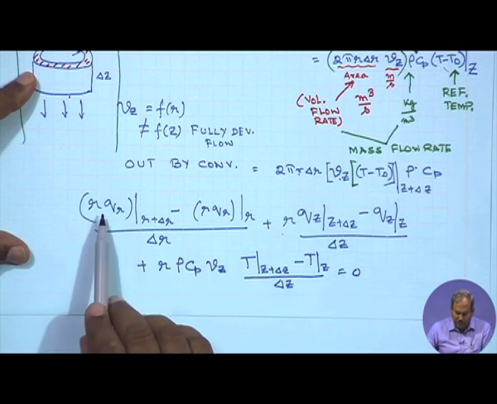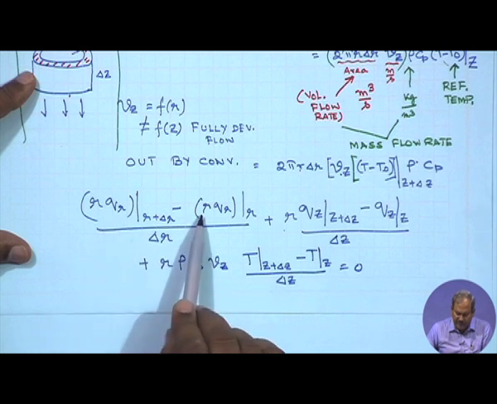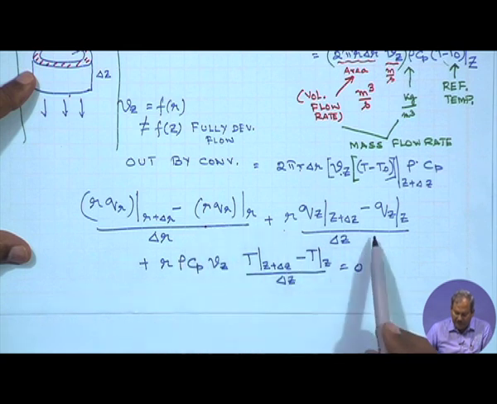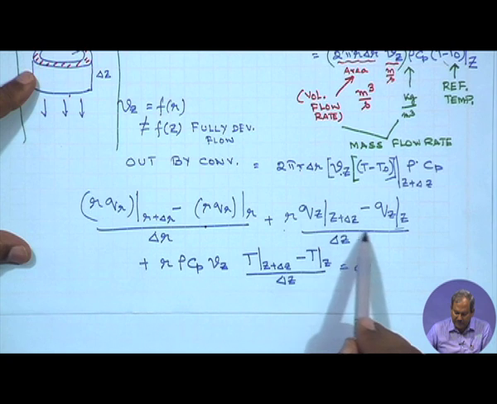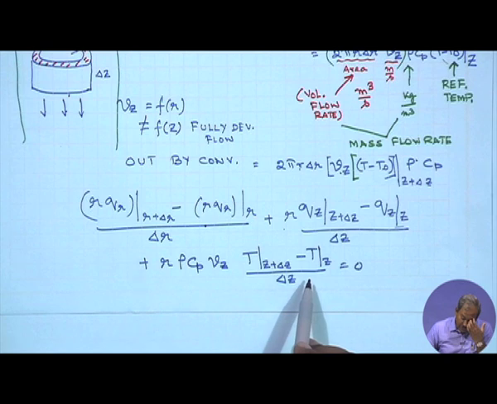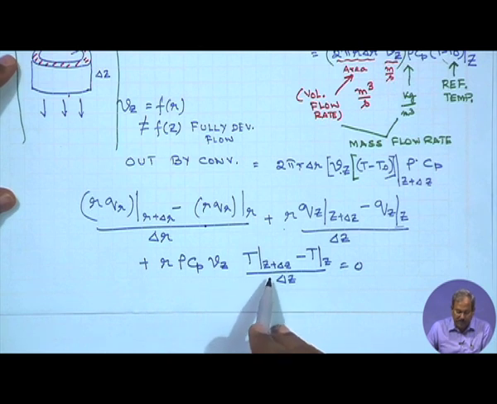0. So, this is the net addition of heat by conduction for heat flow in the r direction. This part is the net addition of heat by conduction in the z direction, and this is the amount of convective heat flow into this control volume by convection.